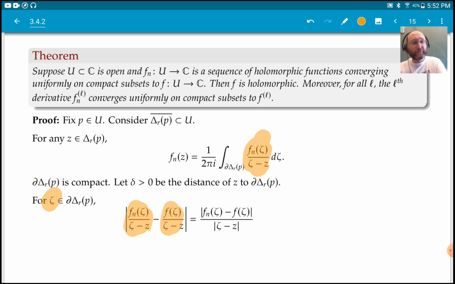So what's the size of this? We're really fixing Z, so we just write it like this. That's just a little bit of algebra.